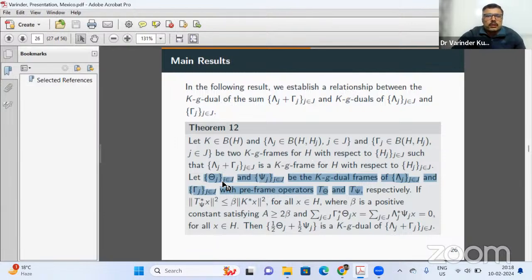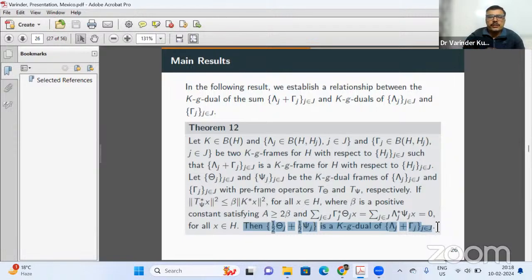So if we have this theta j and psi j to be the kg dual frames of lambda j and gamma j, and if this inequality holds, where beta is a positive constant satisfying the again previous condition, then half times theta j plus half times psi j is kg dual of lambda j plus gamma j.